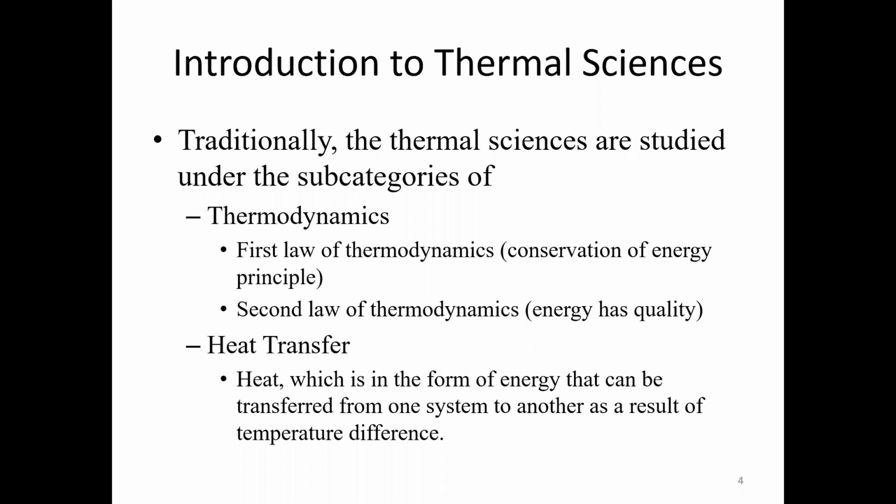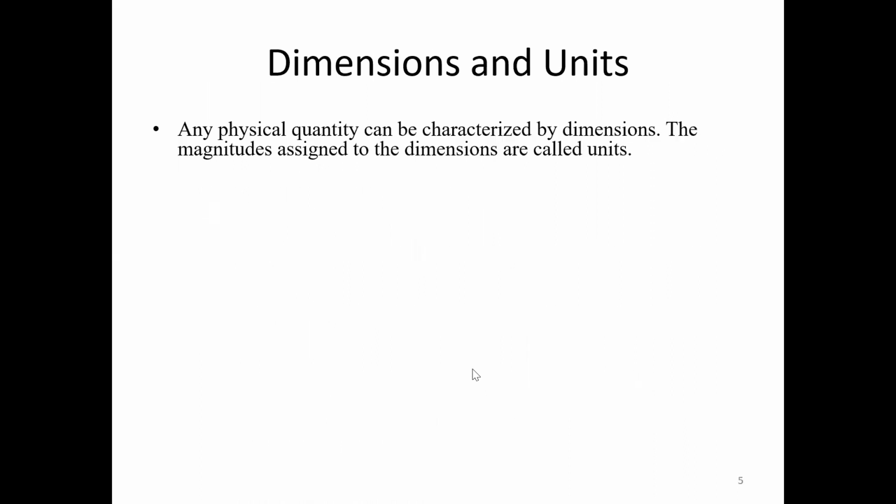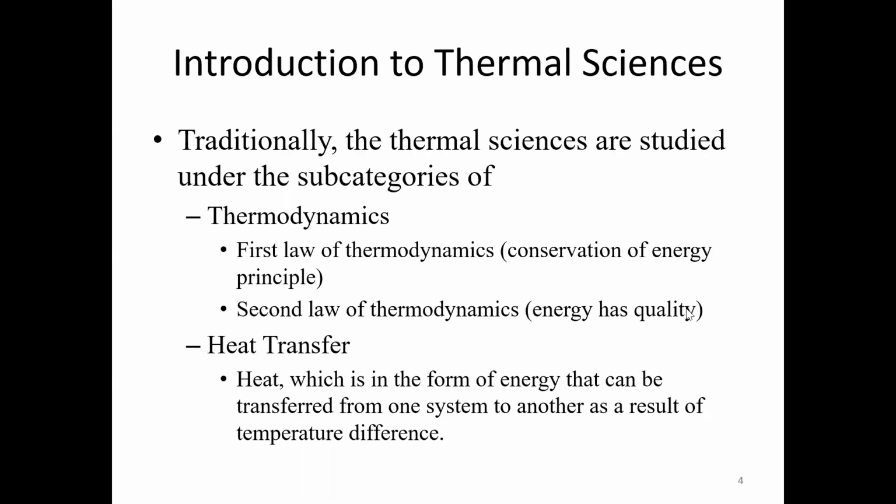So whenever you have a temperature difference, then you know that there is heat transfer in and out. Outside temperature, for example, 10 degrees, inside temperature is 20 degrees, then there must be heat transfer from inside to outside.